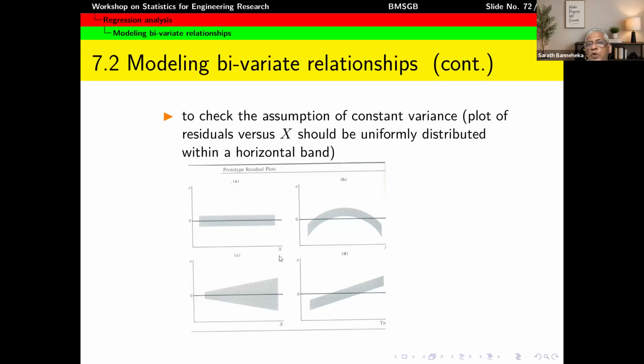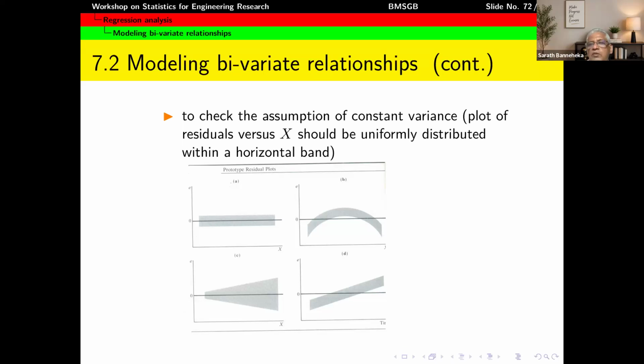In this case, if you have only one x value, you can plot it versus x also, right? So if you plot, suppose you get this kind of picture, right? This is not what you expect. What you expect is the residuals will be randomly scattered within a horizontal band without any particular pattern. That's what you expect.